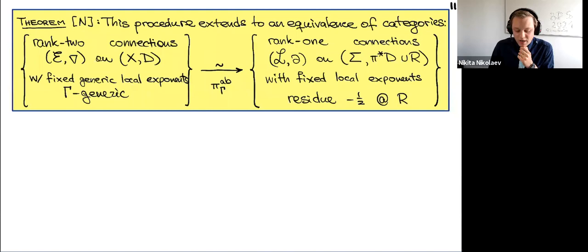And on the right, you have rank 1 meromorphic connections on the spectral curve with poles along the preimage divisor, or pullback divisor, and ramification. Also, the local exponents are fixed in the same appropriate way, and the residues work out to be -1/2 at the ramification points.